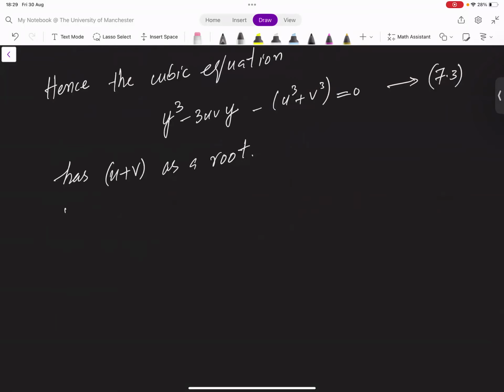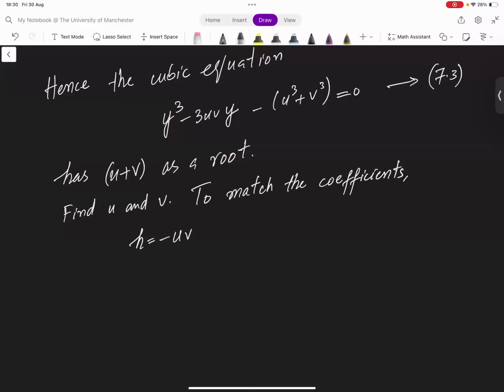To match the coefficients, we require h is minus uv, k is minus (u cube plus v cube). This is 7.4.